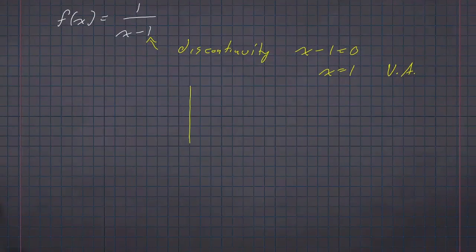So if I sketch in my coordinate axes, I'm going to draw a vertical line at x equals 1. I'm putting it in red and I'm putting it as a dotted line because it's not actually part of the graph.